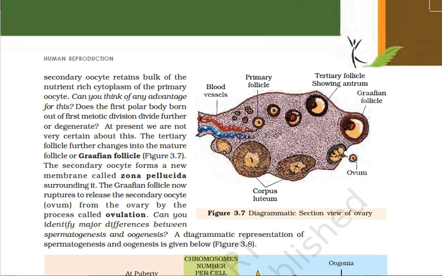These again divide by the process of mitosis to form oogonia. Therefore, oogonia are diploid cells, and they occur in the form of rounded mass of egg nest. Oogonia is plural, oogonium is singular.